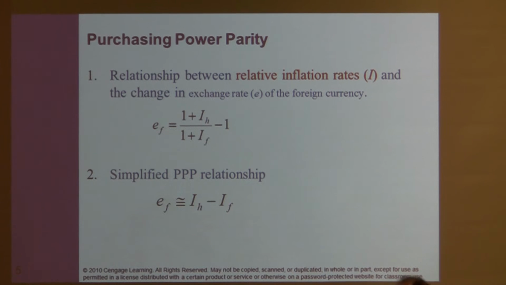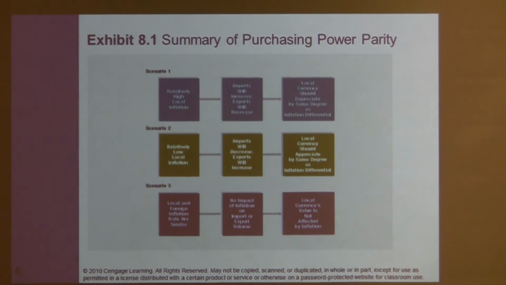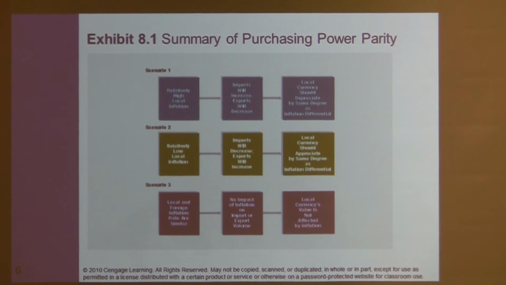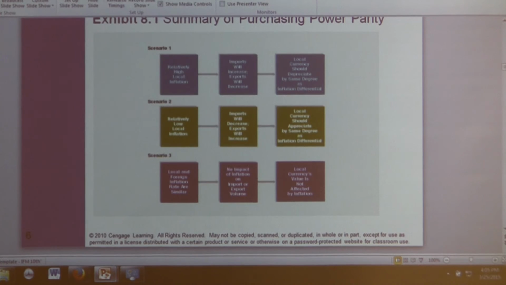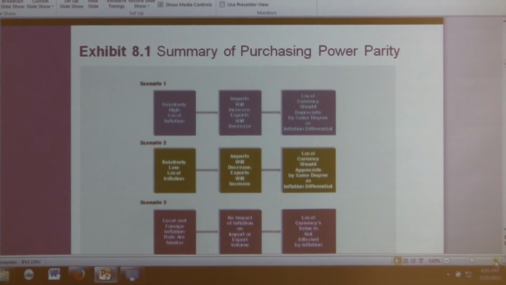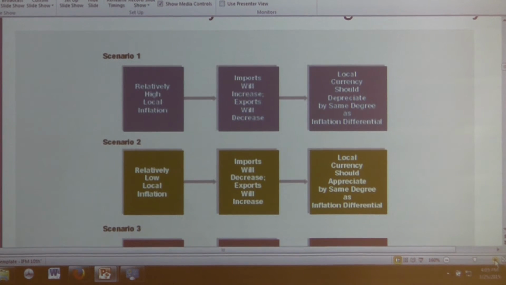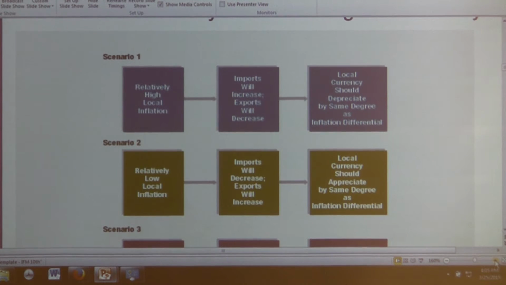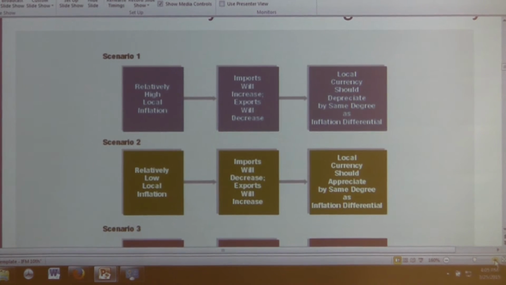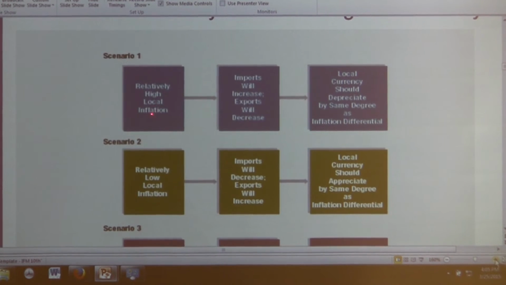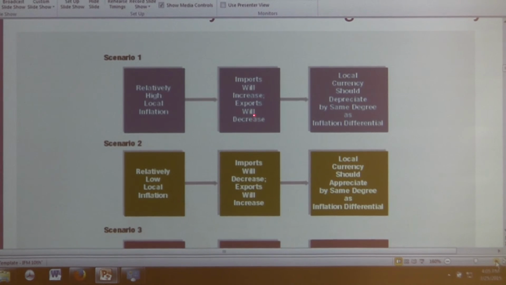So this gives you the purchasing power parity, and in some ways it summarizes the relationship between inflation and the exchange rates. I think we talked about this in chapter 2. So if you are in a country with relatively high local inflation, your imports will increase.